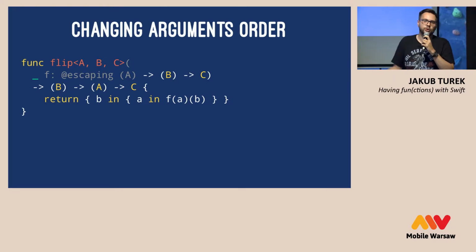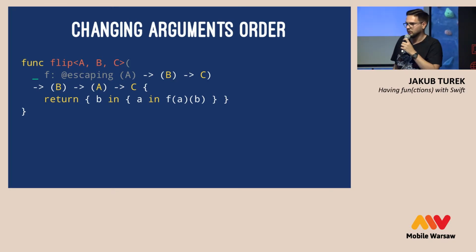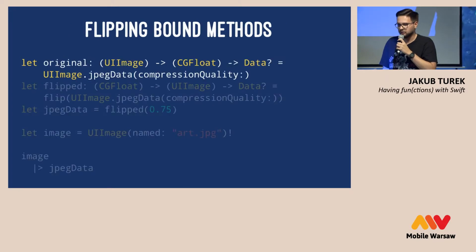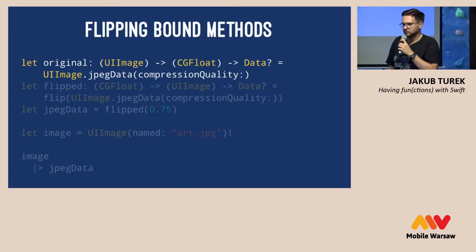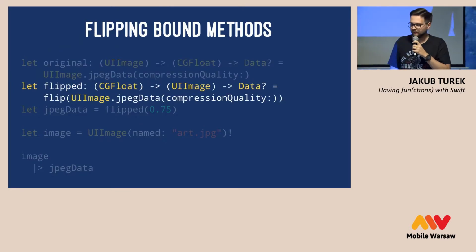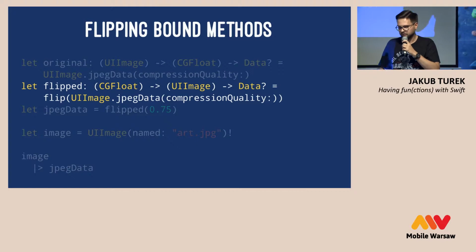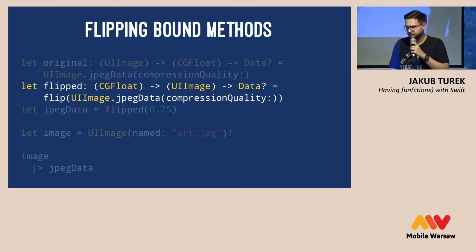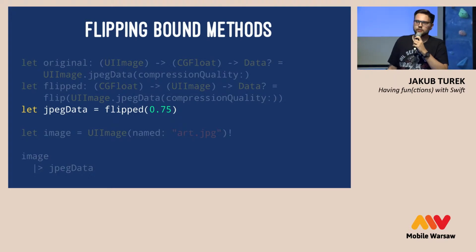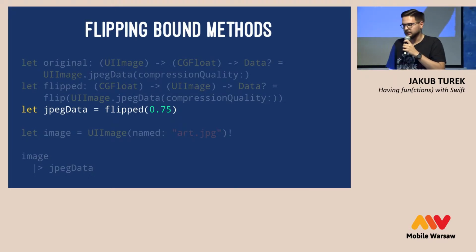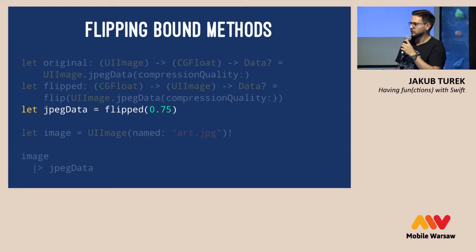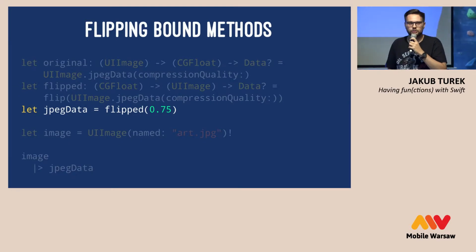So how could we use it? How could we apply that to our JPEG data method? We have the original method in there that goes from image to float to the data. And then we can have a flipped method. And it goes from the CGFloat, which is compression quality, to image to data. Now we can create a brand new method that has the compression quality hard-coded. In this case, we'll call it JPEG data.